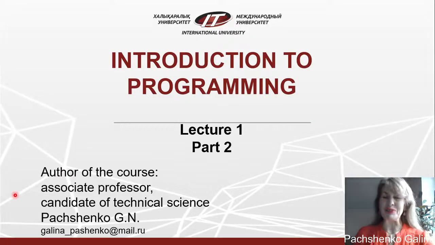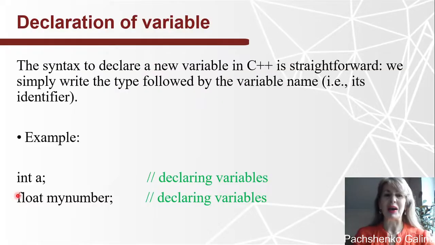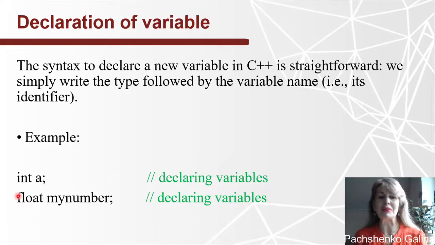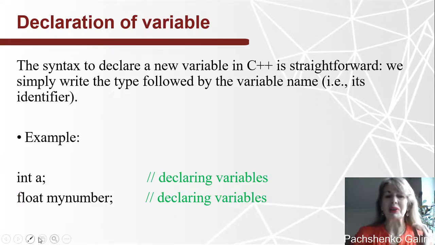Let's continue with our lecture 1, part 2. Declaration of variables. The syntax to declare a new variable in C++ is straightforward. We simply write a type followed by the variable name, using a valid identifier.